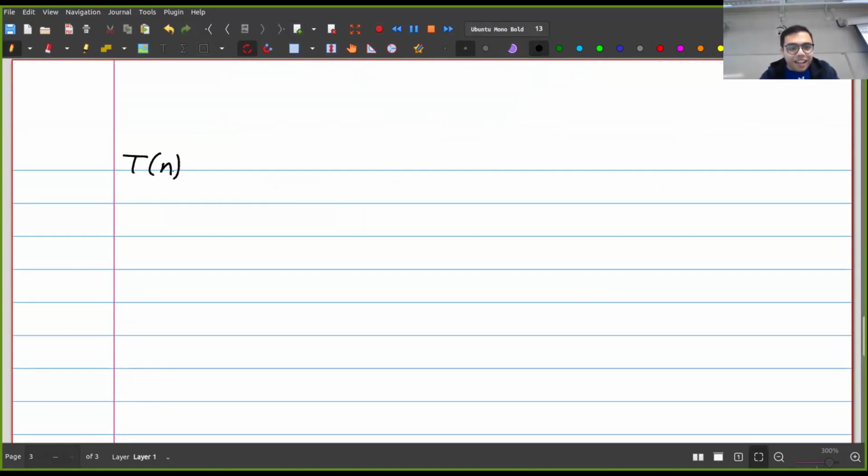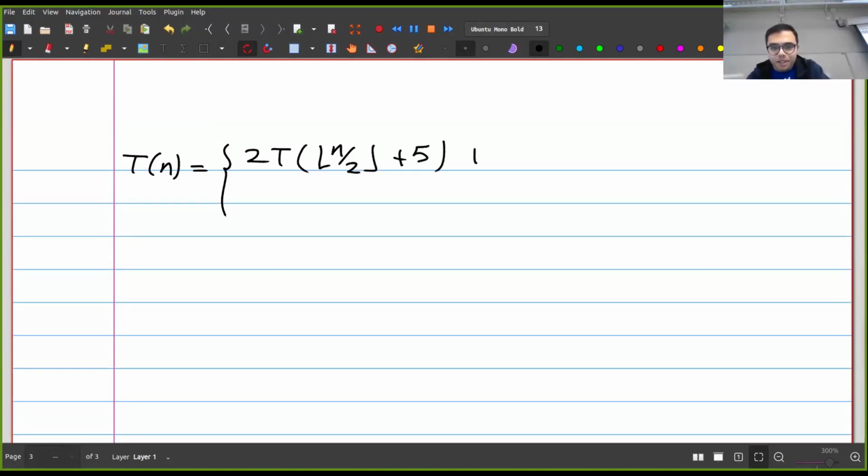So let's say I have T of n equal to 2T of n over 2, plus 5, plus n, if n is at least 2, and it's 1 if n is 1. So you see, this is very similar to the recursive formula that we had for merge sort. It's just that we have a plus 5 for some reason, right?